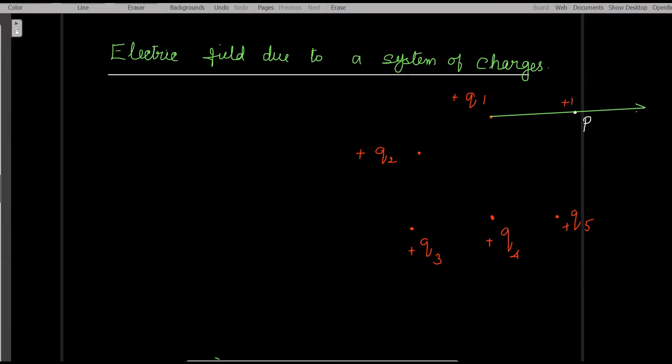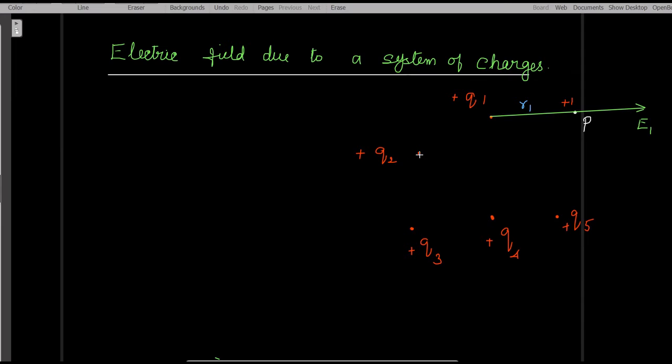This is the direction in which the unit positive charge is repelled, and the distance between Q1 and P is R1. The force with which the unit positive charge is repelled, let it be E1.